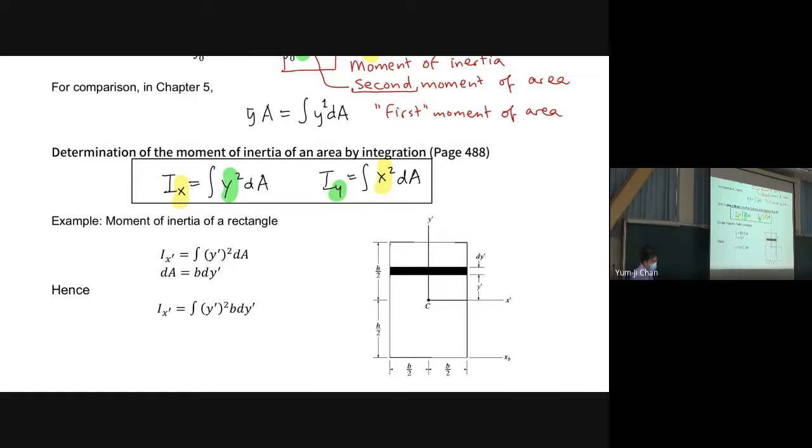Let's determine the moment of inertia of a rectangle about, and we always state which axis, about the x prime axis here, for example.